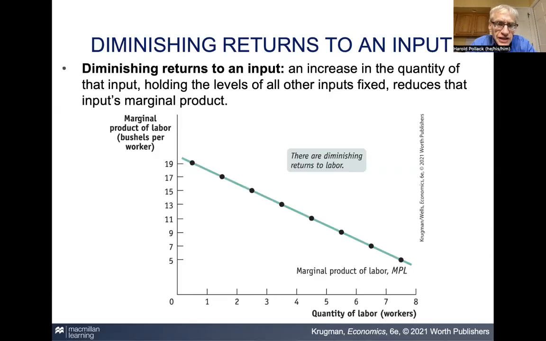So here's a classic example where the marginal product of labor is always positive. You benefit from having another worker, but boy, it's going down as you hire more and more workers. And of course, since workers have a wage and they're expensive, you're not going to want to hire workers all the way down here. There's going to be some point in here where you say, yeah, getting more output out of that additional worker, but not enough to justify having to pay that worker to have them there.